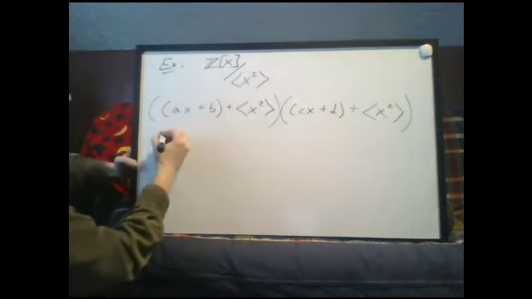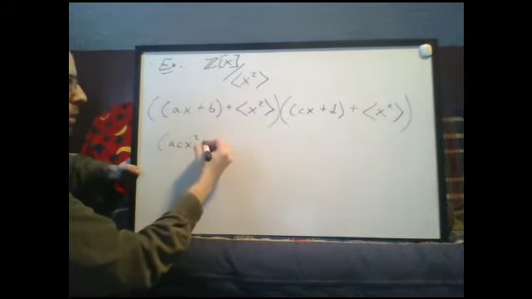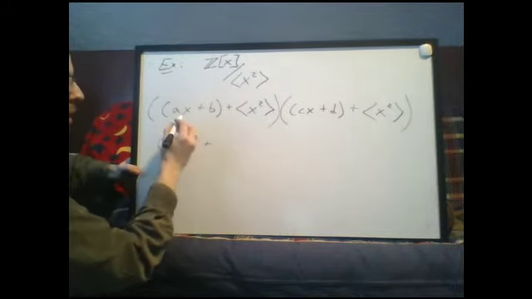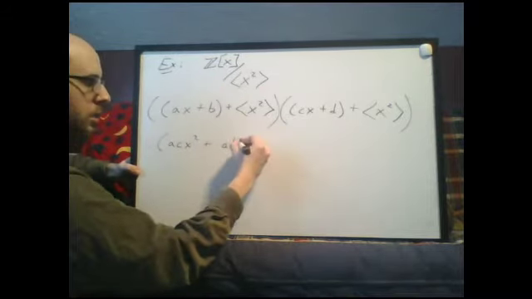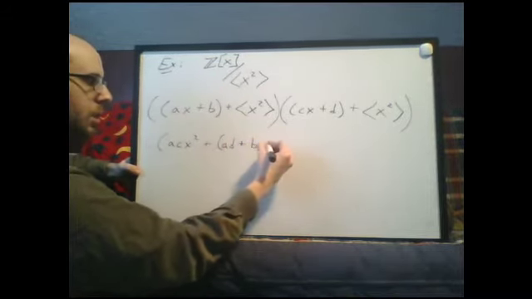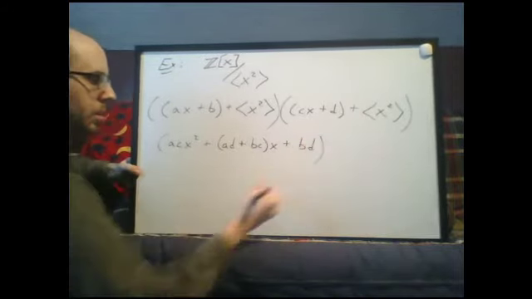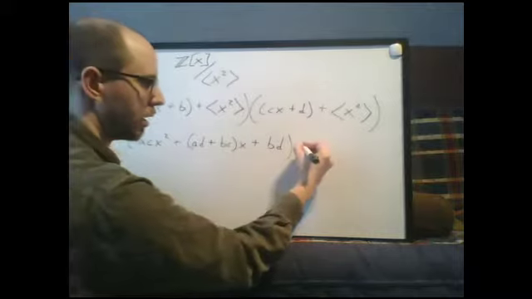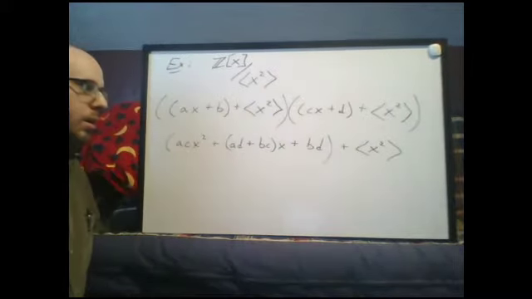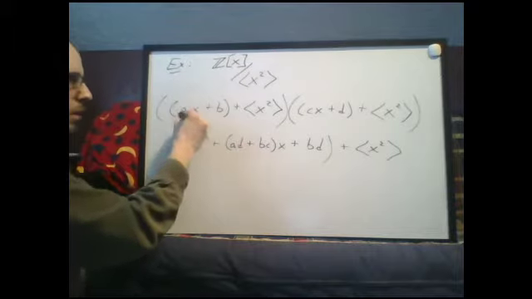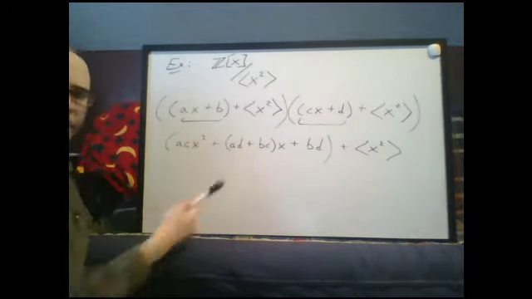That would give me acx squared plus adx plus bcx, so (ad plus bc)x, plus b times d. I just multiplied this times this with the FOIL method, and then combined my like terms.